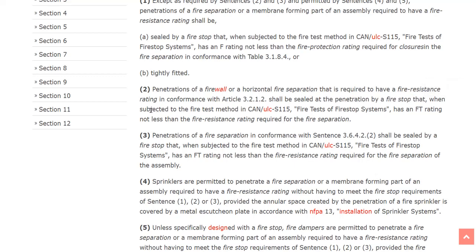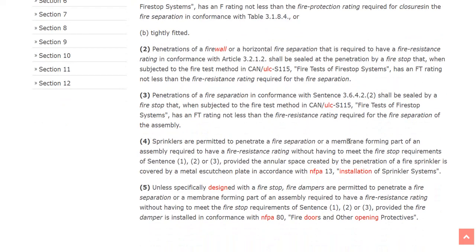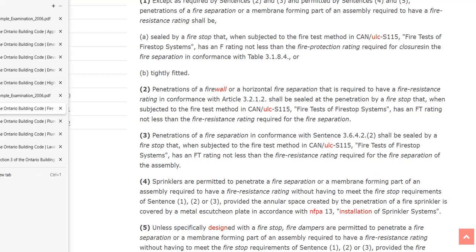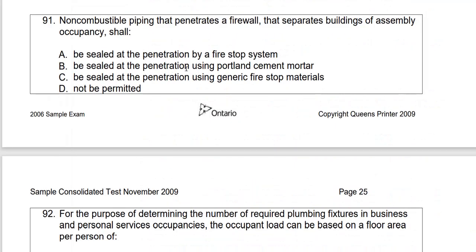That, when subject to testing, must be CAN/ULC-S115, but it must seal at fire stopping. So the answer to that question is right back there. It's to be sealed at the penetration by a fire stop system. That's it.